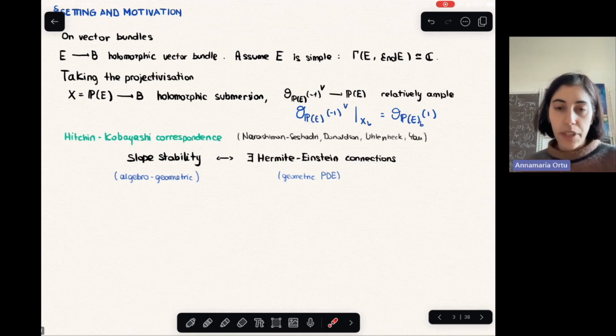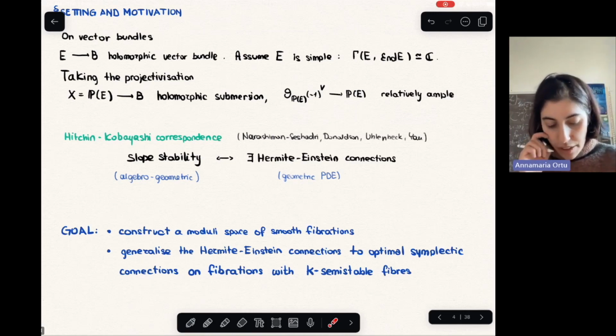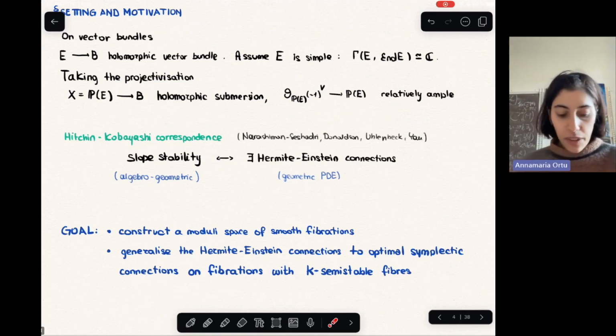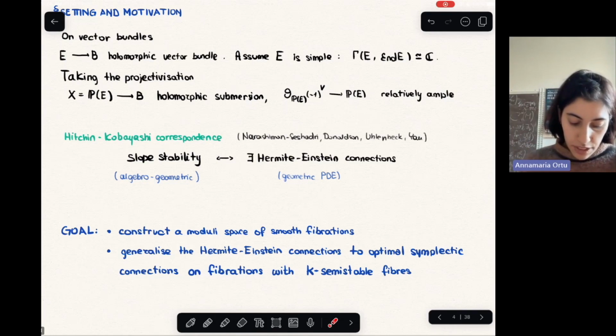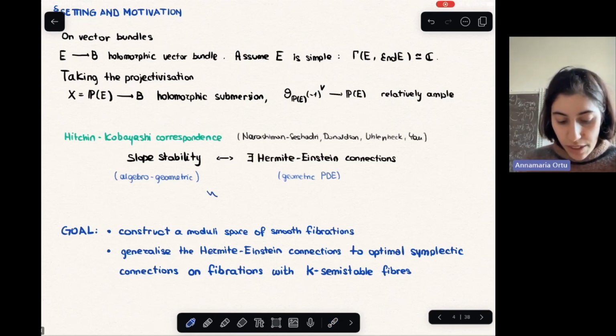It's a geometric PDE, a partial differential equation that involves a curvature quantity associated to some connection. Both these notions give a construction of moduli spaces of holomorphic vector bundles.